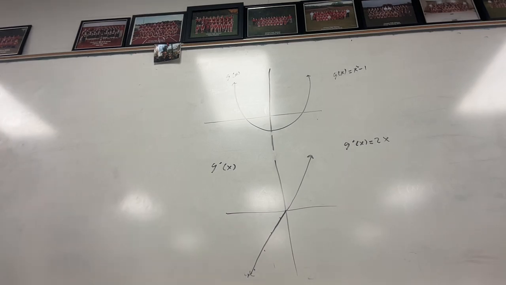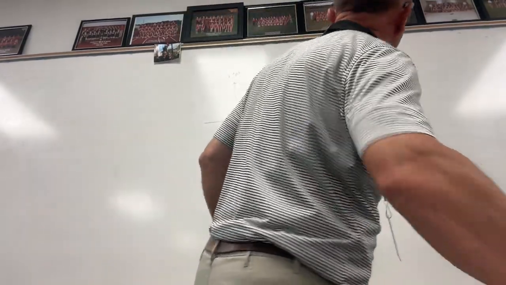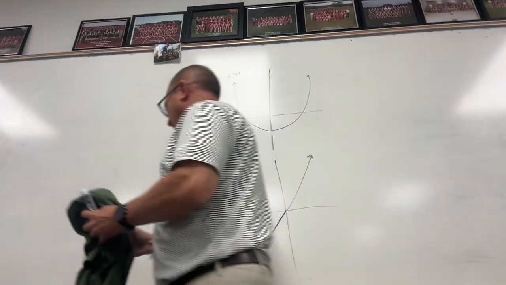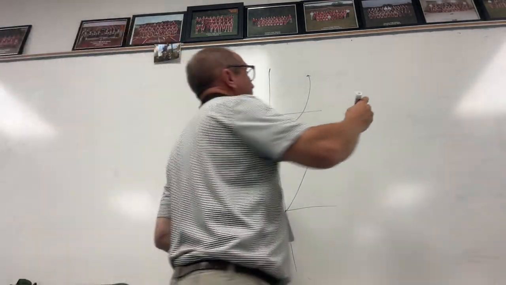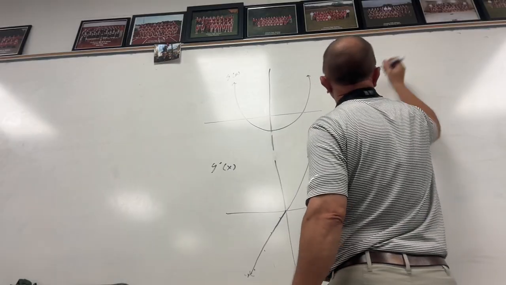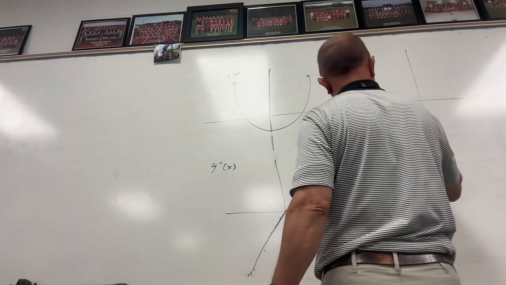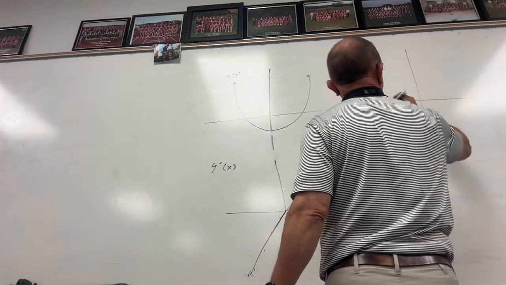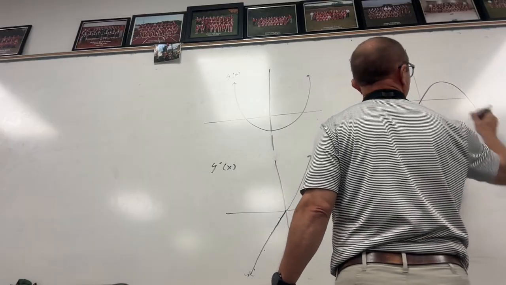Now, let's go a little further with this. Let's look at another graph and again graph what the derivative could look like here. So let's say we have y equals, well, never mind, I don't want to do that yet. I want to graph it first. So I'm going to make my graph do something like that.